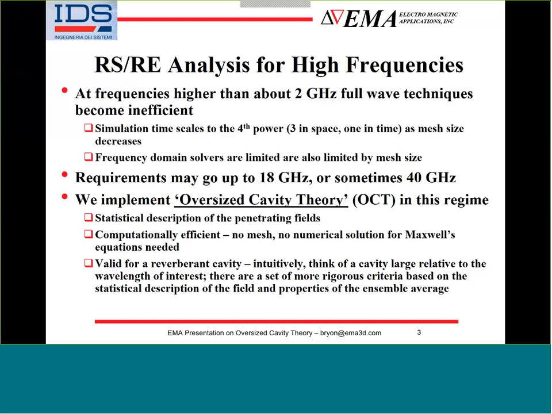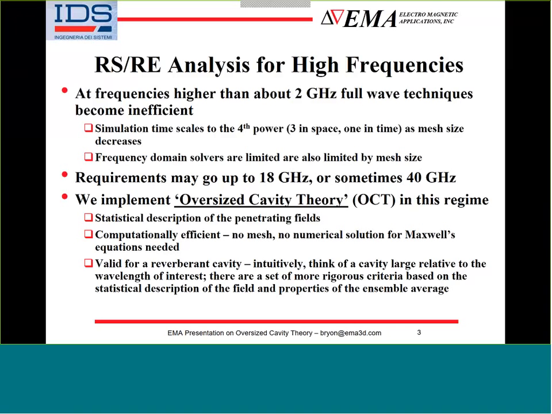We have a bullet here. The simulation time for a time domain solver scales to the 4th power of the change in mesh size. So if you want to double your frequency range, you need to cut your mesh size in half, and that's 4 times more computational power to get there. And frequency domain is also limited by the mesh size.